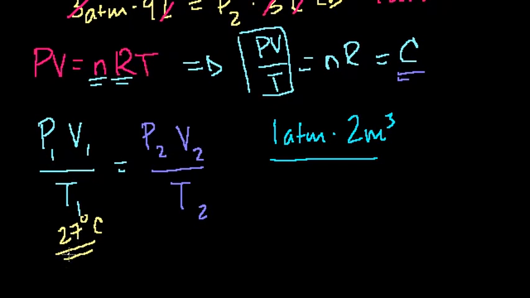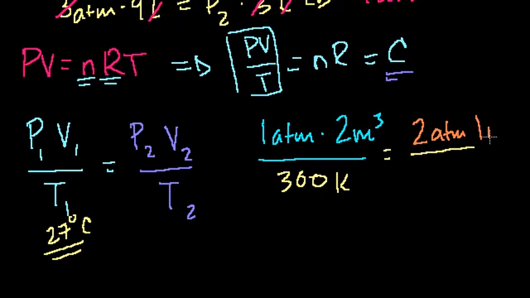So 27 degrees plus 273 gets us exactly to 300 Kelvin. And let's figure out what the new temperature is going to be. Let's say our new pressure is 2 atmospheres, and we make the container smaller, so 1 meter cubed.